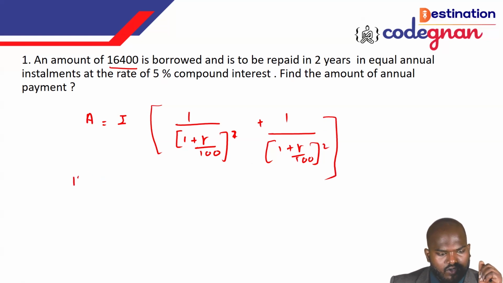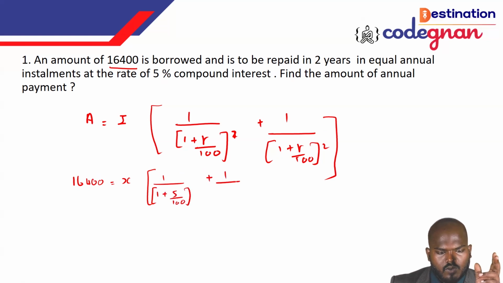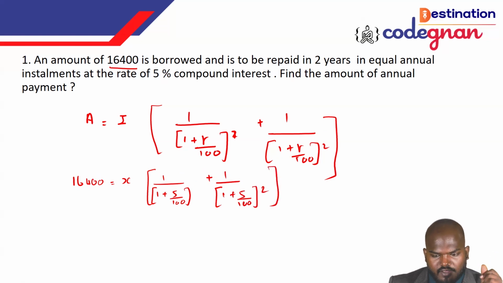So the amount, I am calling it, 16400 is equal to x times of 1 by 1 plus r over 100, where r is equal to 5, right? So 5 by 100, plus 1 by 1 plus 5 by 100 whole square, you can take it up. This one will give you the value 105 by 100.